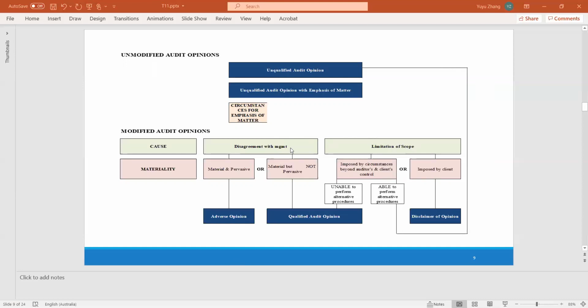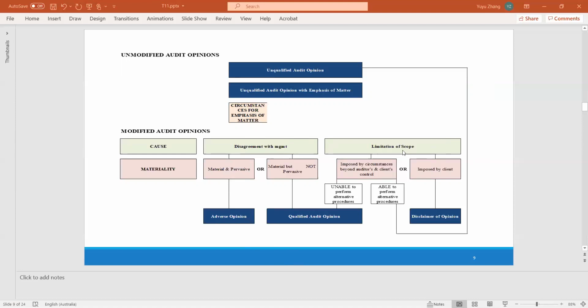So for the situation of existing uncorrected disagreement with management, existing not corrected material misstatements, auditors will issue either qualified opinion, or if it is extremely material, if it is pervasive, then that is adverse opinion.